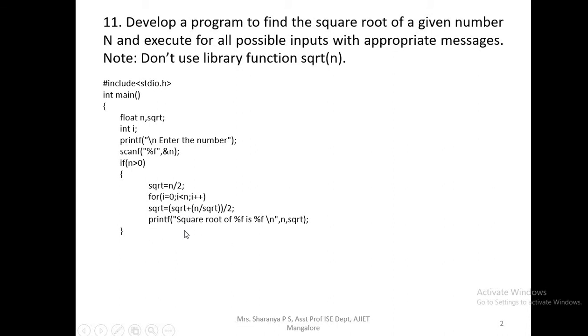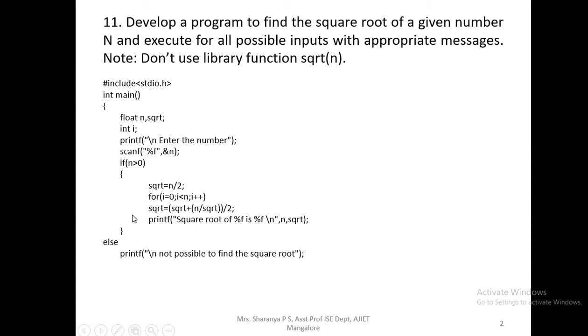After that, with the printf statement, we print the square root of the given number. All of this is written within the if condition. If this condition is false, in the else part we have written one error statement, that it is not possible to find the square root of the given number. If the if condition is not satisfied, the else part will be executed.